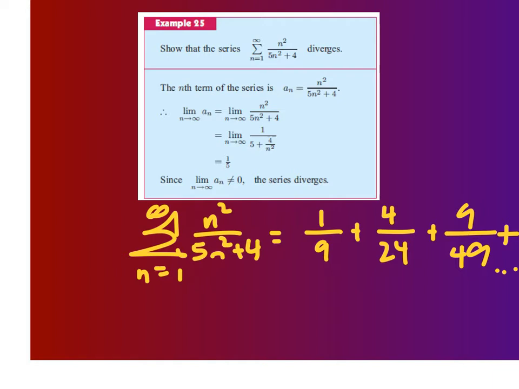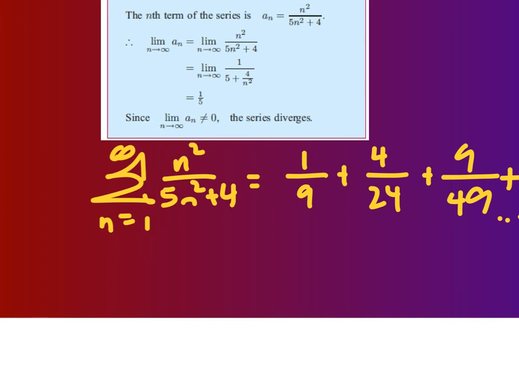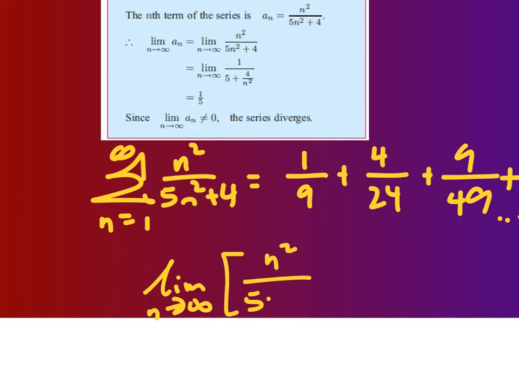Down the line. Okay, so does it look like maybe the limit of that sequence is 0? Potentially, right? So it might have the chance to converge. What I'm going to do before I do any testing of any sort is take the limit as n goes to infinity of the sequence n squared over 5n squared plus 4.